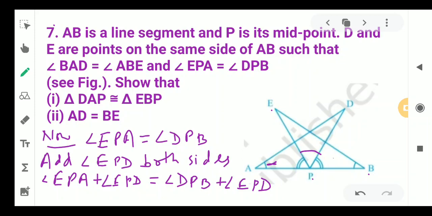Now let me do one thing. For proving these two triangles congruent, let me separate these figures.